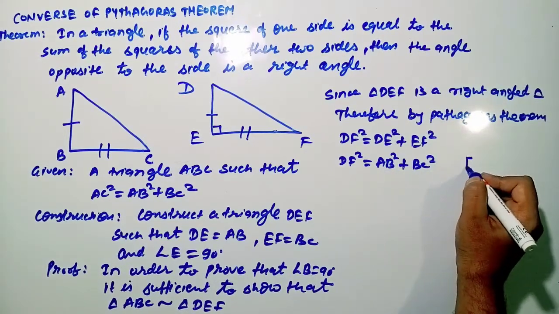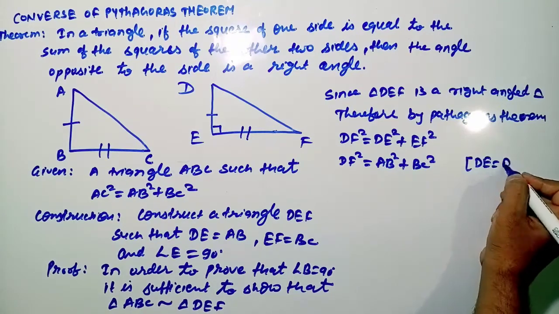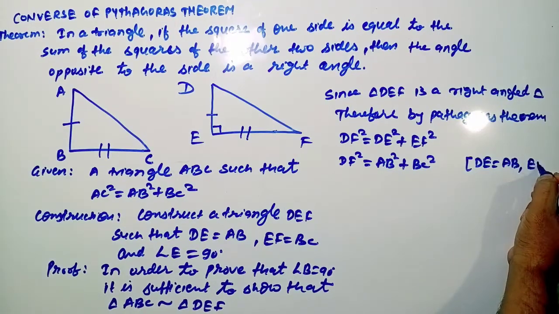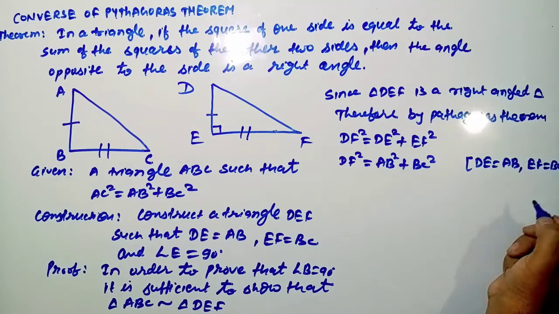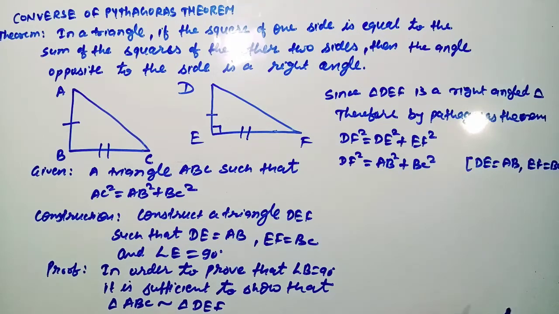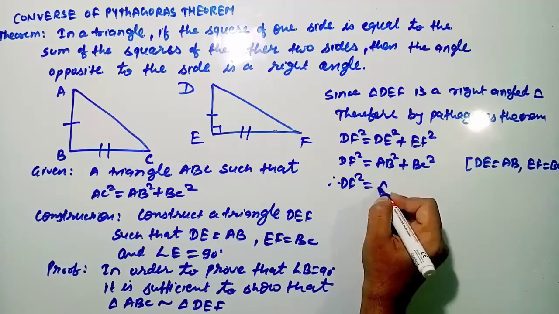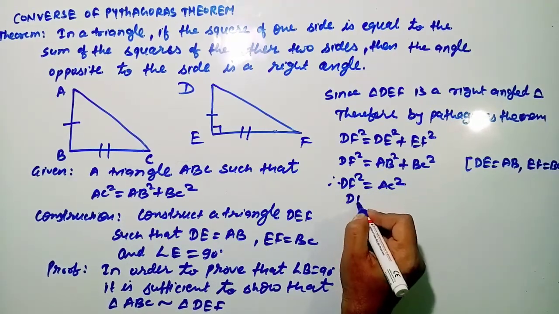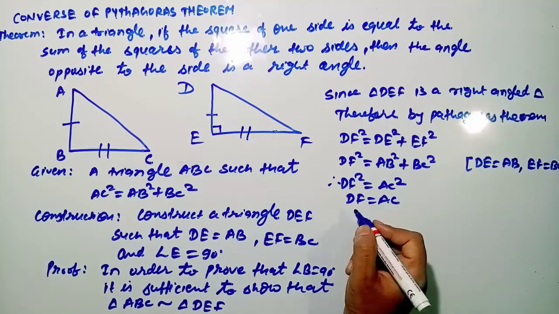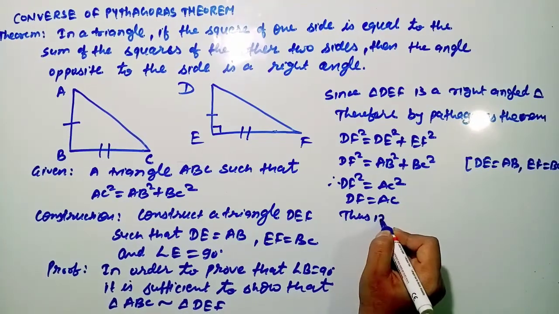So this is equal to AC square. So DF square will be equal to AC square, because AB square plus BC square is equal to AC square. It is already given in the statement. So DF is equal to AC.